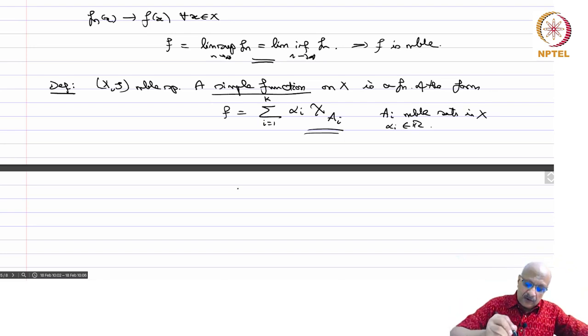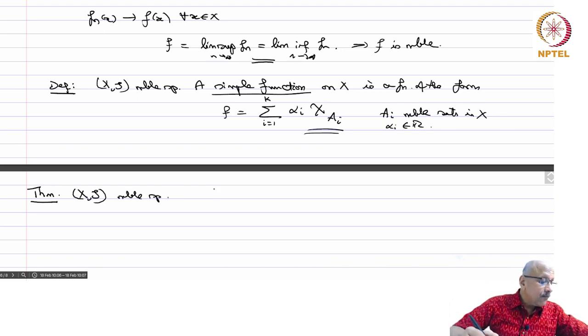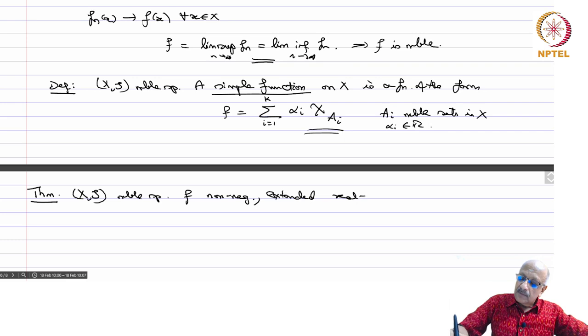So we have the following very important theorem which you must remember very well. Theorem: X, S is a measurable space, f a non-negative extended real valued measurable function.